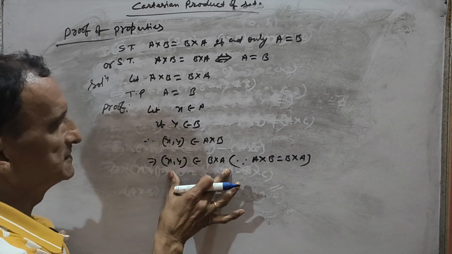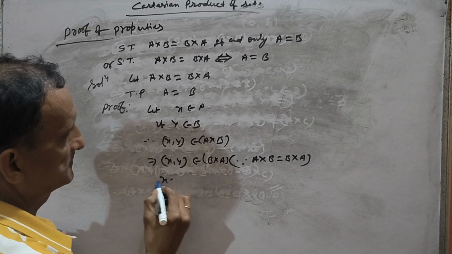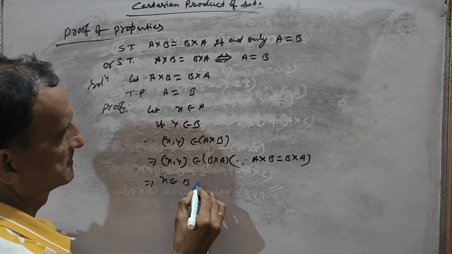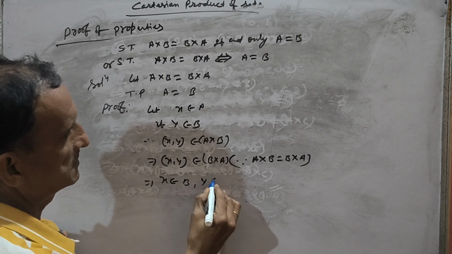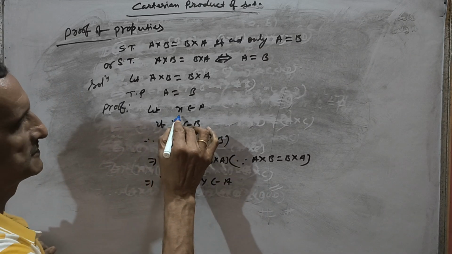Now what is the meaning of this? It implies X belongs to B, and Y belongs to A. From here what have we got?